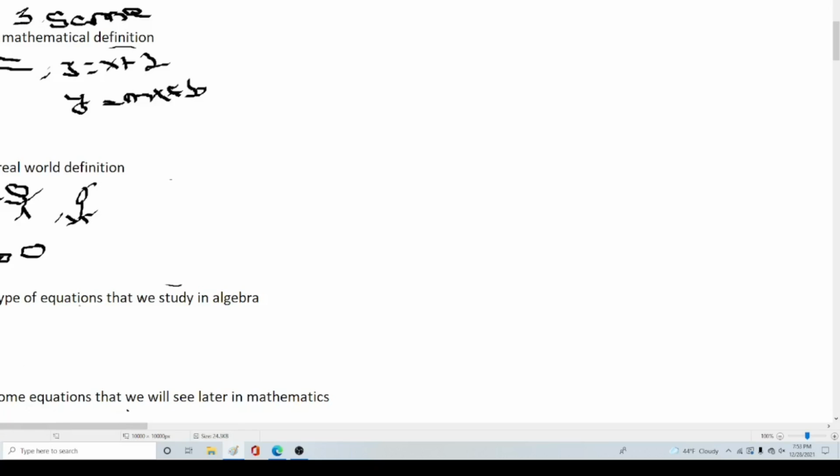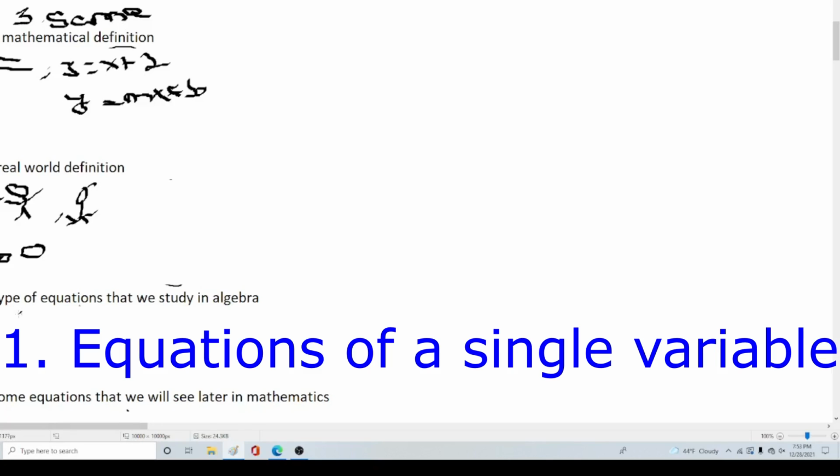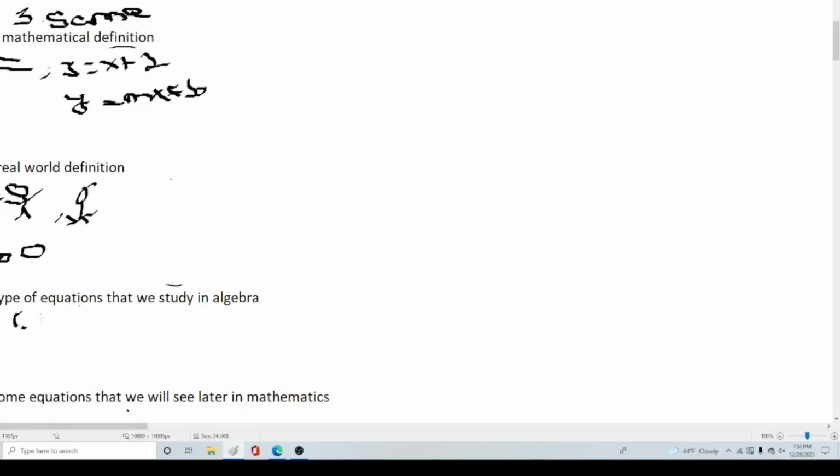We start off with a single variable equation. This would be like 3x plus 2 is equal to minus 1. There's a single variable and just a bunch of numbers that we deal with.